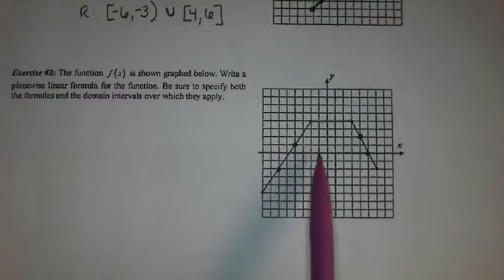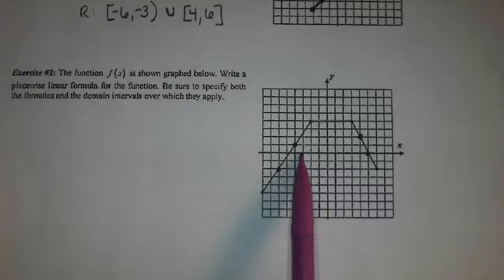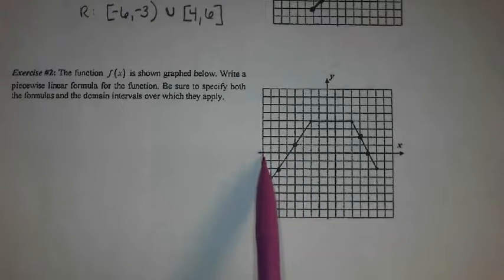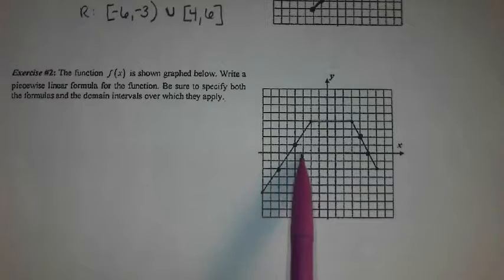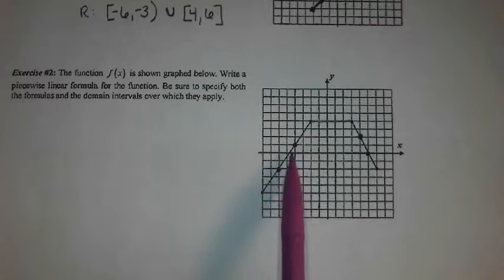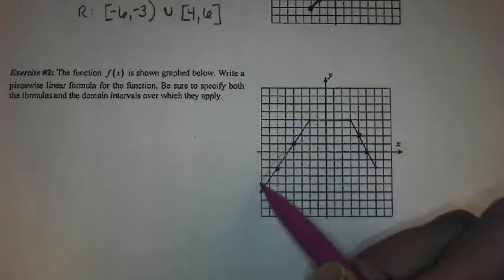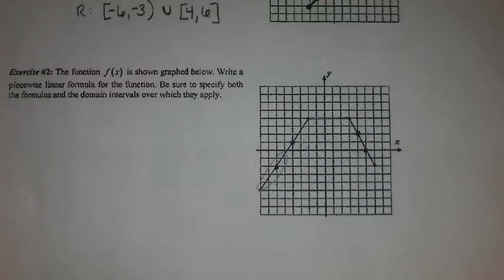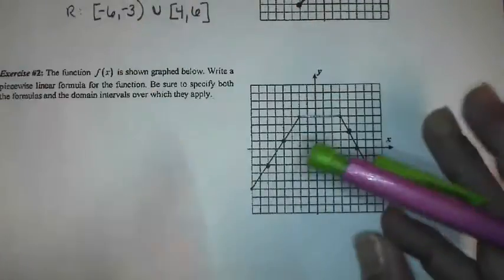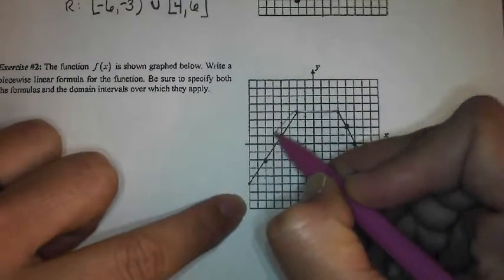So from an x of negative 8 until negative 5. So just this piece here, that's your first piece? Okay, to here. All right, so there's your first piece.